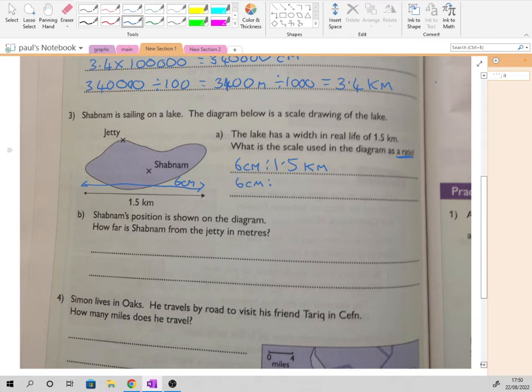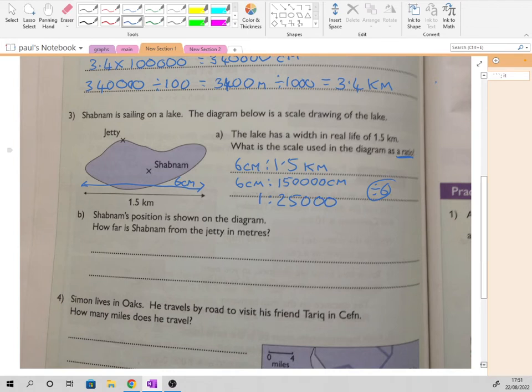So 1.5 times 1,000 times 100 is 150,000 centimeters. I think I can divide that by 6. So I'm going to just divide both sides by 6. So divide that by 6 is 25,000.